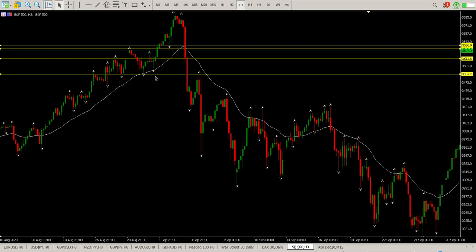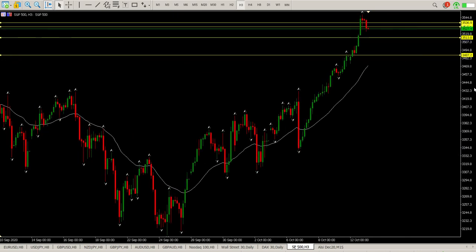So you can see what I'm doing, just lining up my levels with the inside fractals. There's one, there's one just below it, but there's a bigger one further back as well. And then obviously this one here, we've used it as resistance, then as support, then resistance.